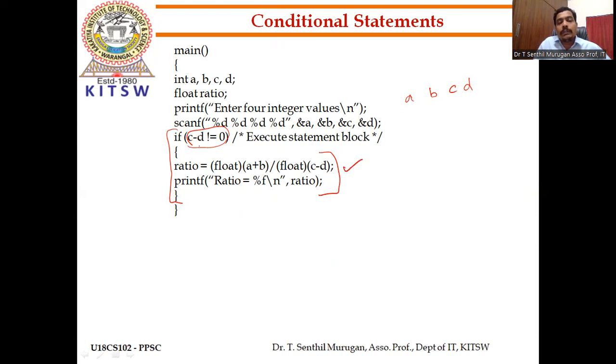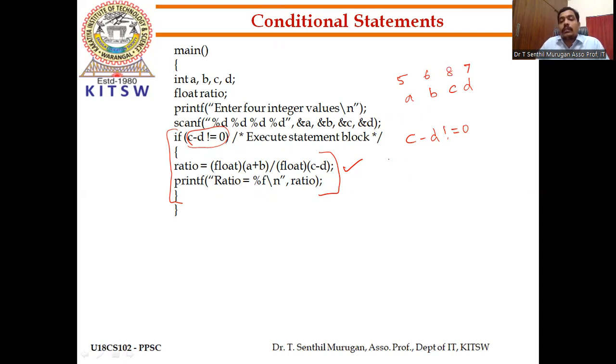If the condition fails, they are not executed. What is the condition? C minus D not equal to 0. After getting the input, we have to calculate this condition. For example, if you give A equal to 5, 6, 8, 7.